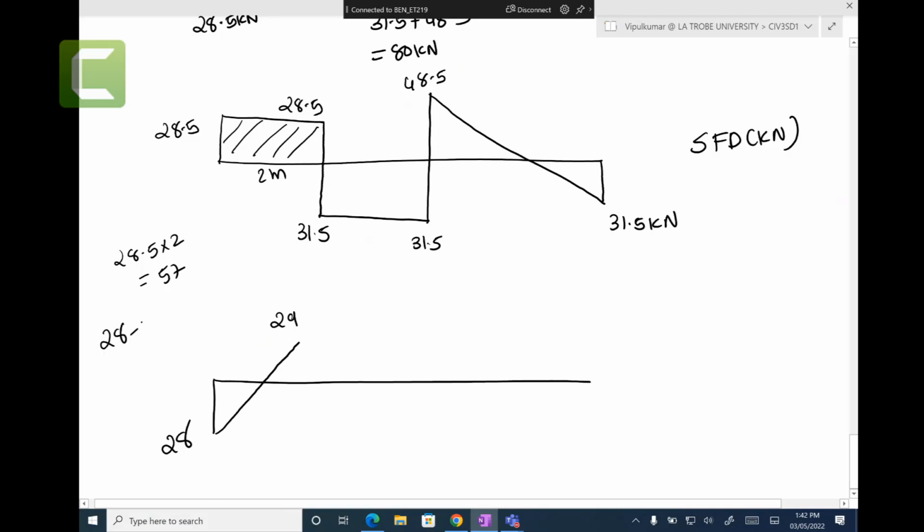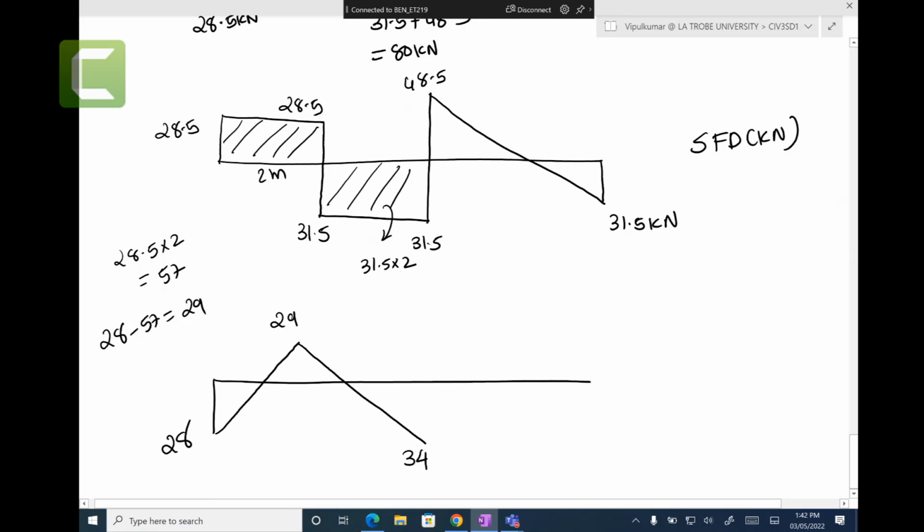So 57 take away 28 gives 29. And then from 29, you can come down. There is 31.5 here, so this one would be 31.5 times 2, you get 63. 29 take away 63, you get 34 minus.